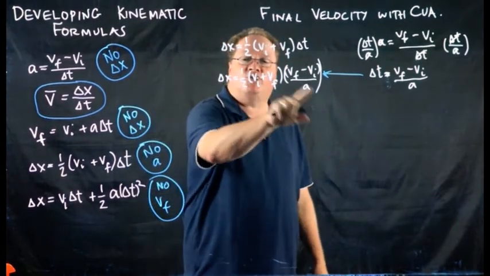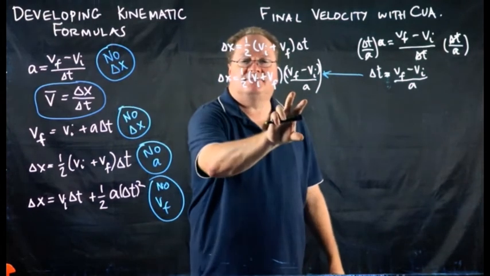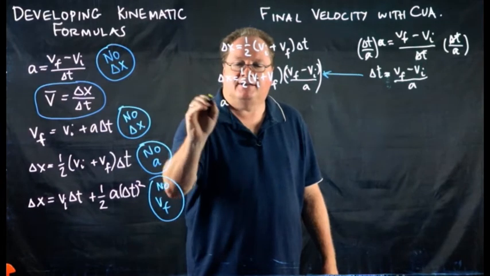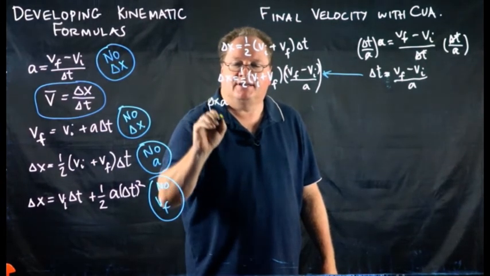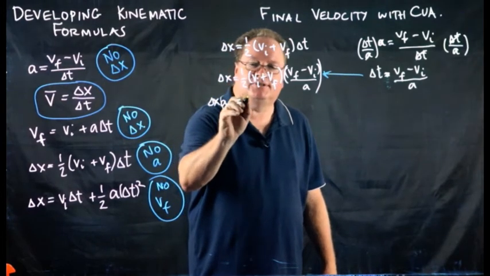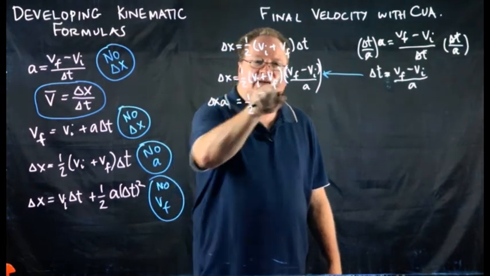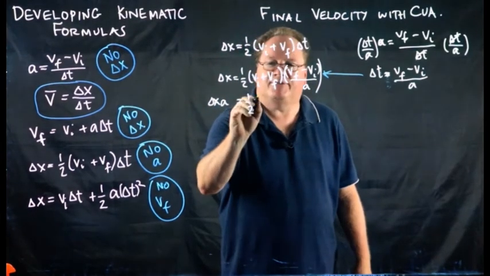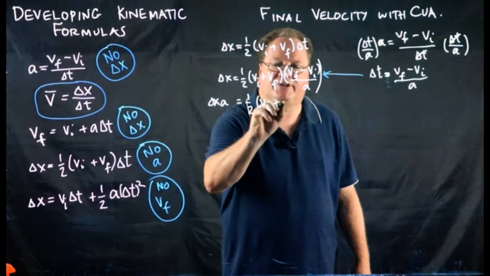So I'm going to multiply both sides by a. That would give me delta x times a equals 1/2. Then what I'm going to do... well, you know what? I don't want to do it in multiple steps like that, just to make sure it's clear what's happening.